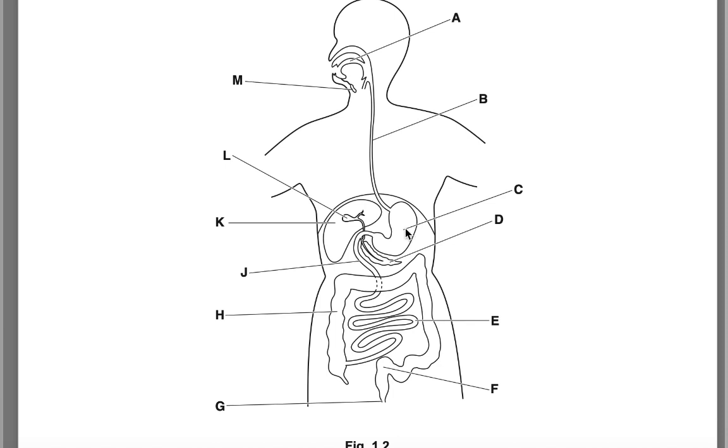Trypsin is in the small intestine, for fatty food. So the secretion of pepsin is in the stomach.